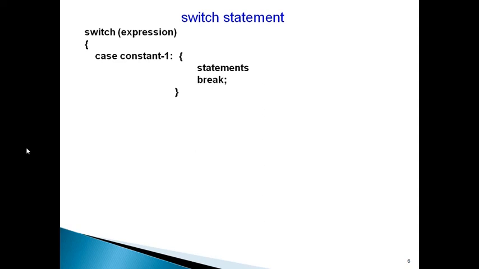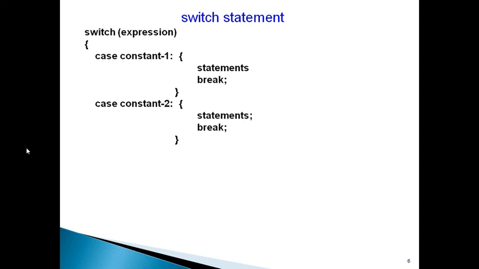If case 1 is not matched with that expression, it goes to compare the second case constant. If it matches, it executes the case 2 statements, then the break statement, and comes out of the switch statement.